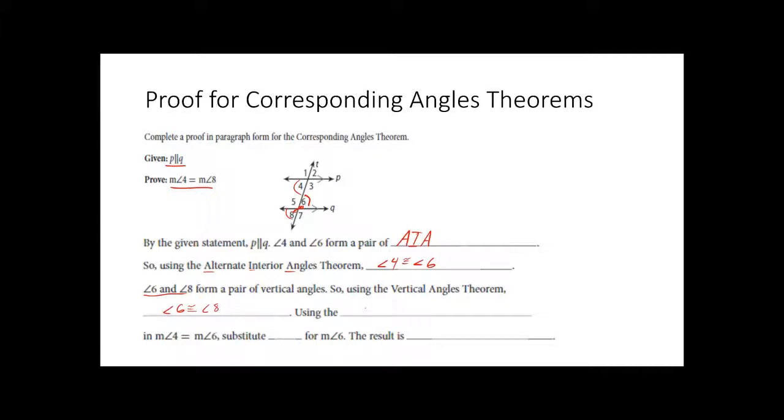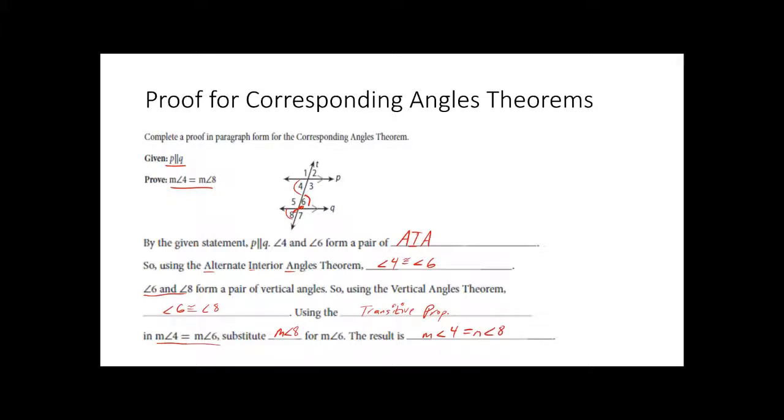So using the transitive property, in angle 4 equaling angle 6, we just substitute in the measurement for angle 8 for angle 6. So the result is angle 4 equals the measurement of angle 8.